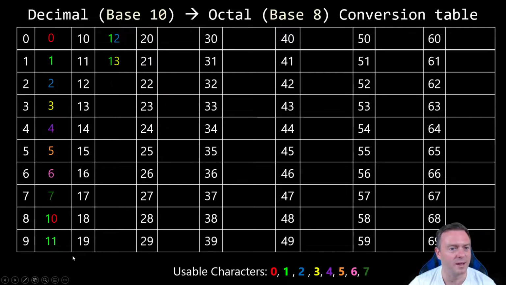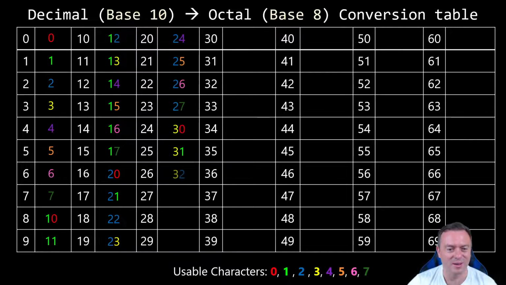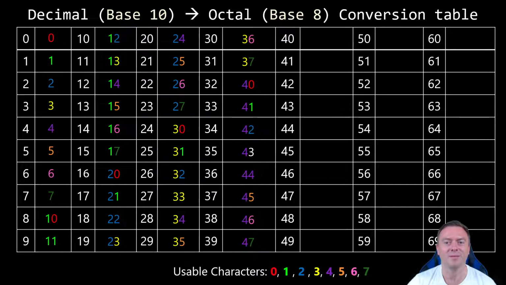You then go through the next bit, so you can go 12, 13, 14, 15, 16, 17. We can't go any further, so we go to 20. And if you look at that, 2 lots of 8 equals 16. 21, 22, 23, 24, 25, 26, 27, and then 30, 31, 32, 33, 34, 35, 36, 37, 40. 32 is the same as 40. 41, 42, 43, 44, 45, 46, 47, 50, because we're up to the 40s column.